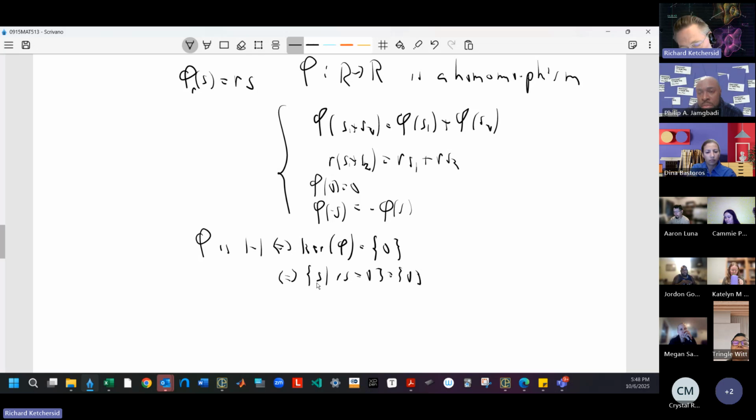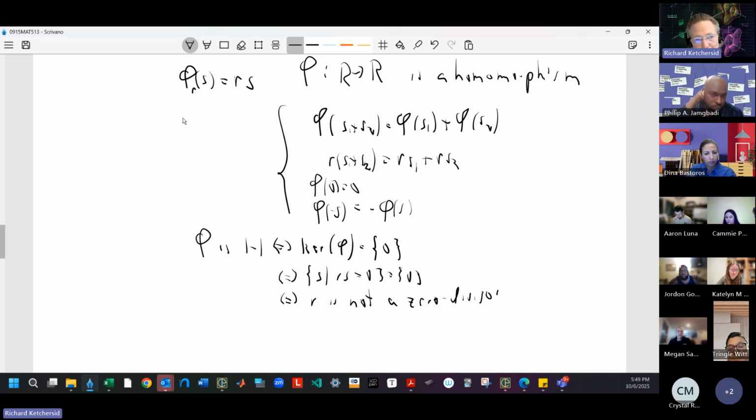So this says the only way to multiply by R to get 0 is to multiply by 0, right? That's exactly what it says, right? So this says if and only if R is not a 0 divisor. Right? So this map is 1-to-1 if and only if R itself is not a 0 divisor, right?